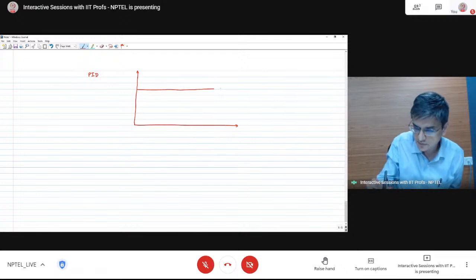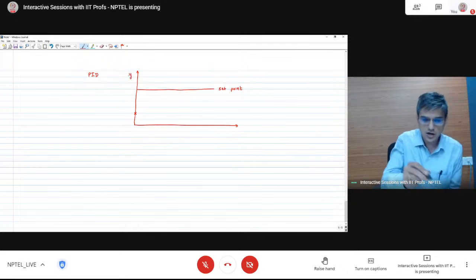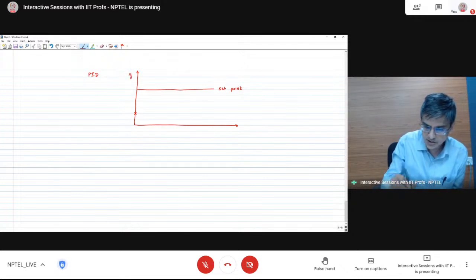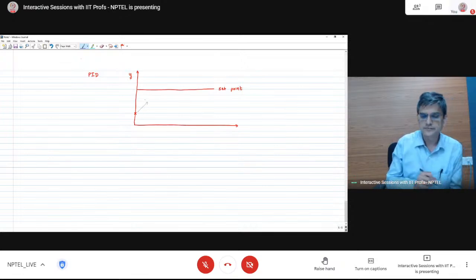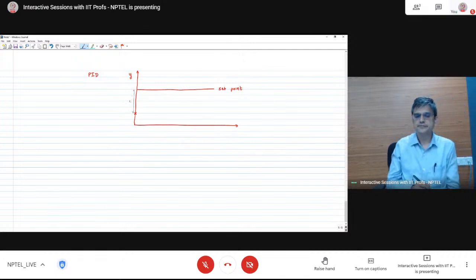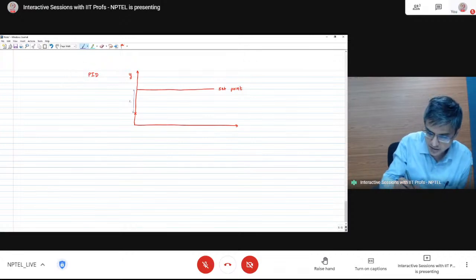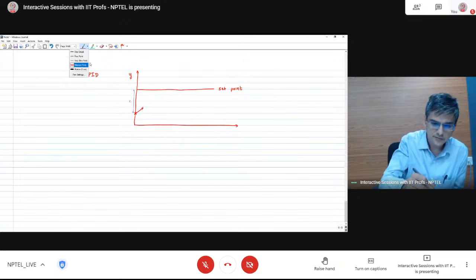Okay, this is our set point. This is where our output is. Our aim is to go to the set point. What does a PI controller or PID controller do? It looks at the error. Based on this error, it determines our input, so that from this point it would have gone over here.